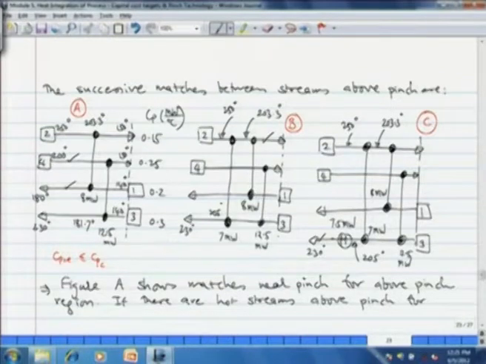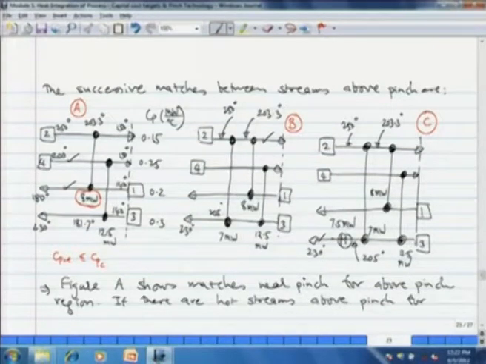So stream 2 can easily give that much heat to stream 1, and then we place a heat exchanger of 8 megawatt capacity, and then stream 1 is ticked off, which means the total heat duty of stream 1 is satisfied. Similarly, we can match stream 4 with stream 3, as we just said, due to the CP inequality constraint.